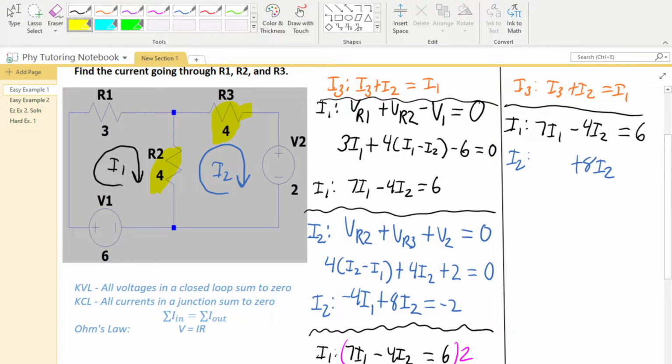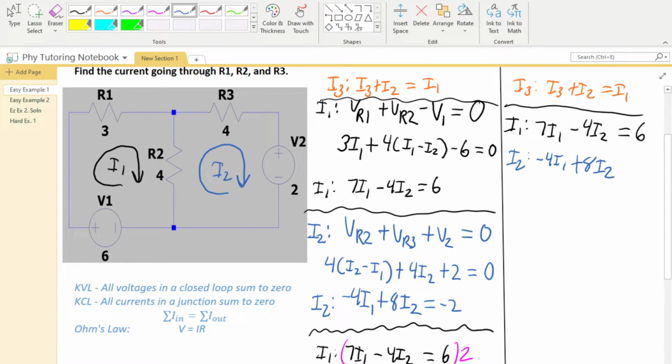So I added up all the resistors in my loop. Now, are there any shared resistors? I notice that R2 is being shared with I1. Since I1 is going the opposite direction, it should have the opposite sign, so it should be a minus 4I1. And now we took care of every single resistor.